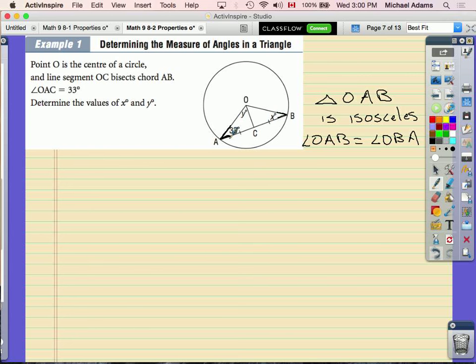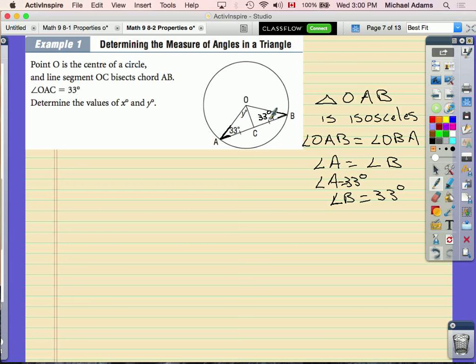Or we could simply say angle A is equal to angle B. So now if we understand that, we know that angle A is equal to 33 degrees. So then angle B has to equal 33 degrees. So we found this already. That's 33 degrees. So now the question says determine the values of x and y.